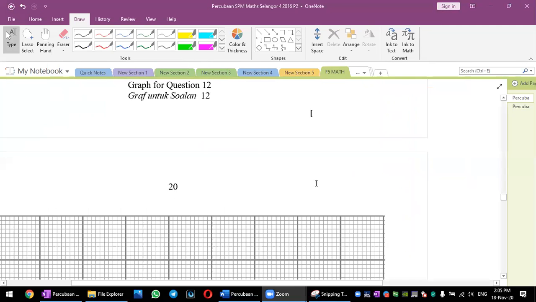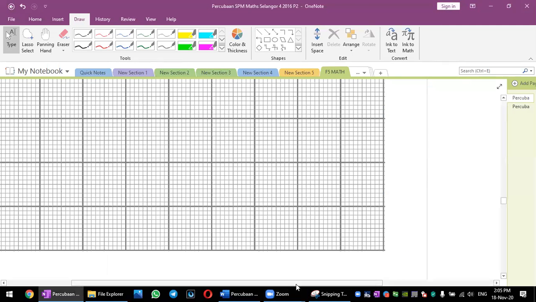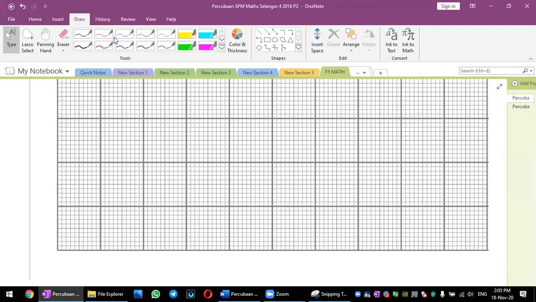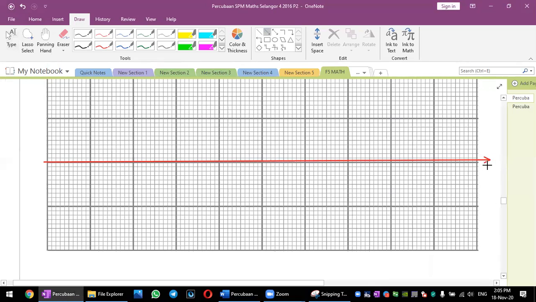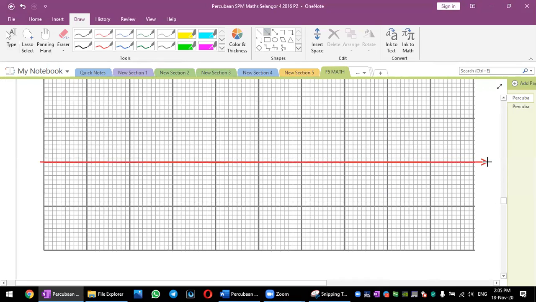Okay, so let's draw our graph paper. Like just now I say we leave around 2 cm, so 4 cm, 2 petak. Why 2 petak? 2 cm is 5, right? So if we leave 2 petak, you can draw negative 10, but our minimum is negative 7.